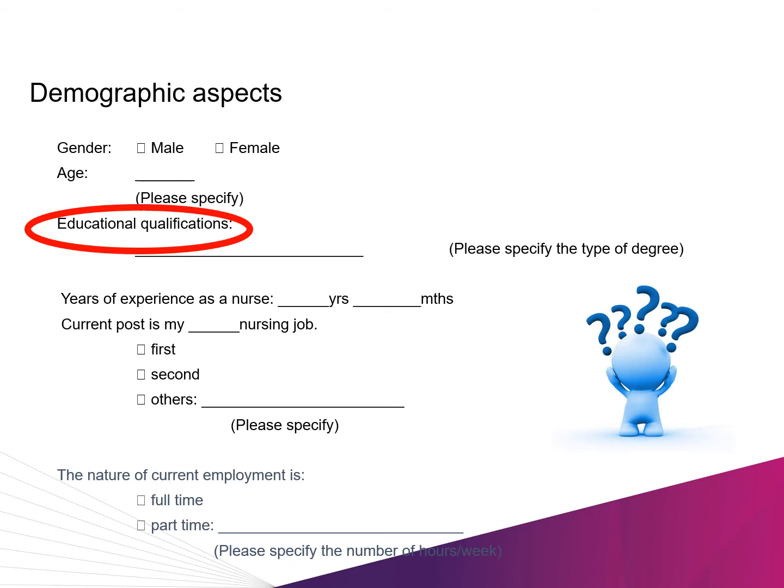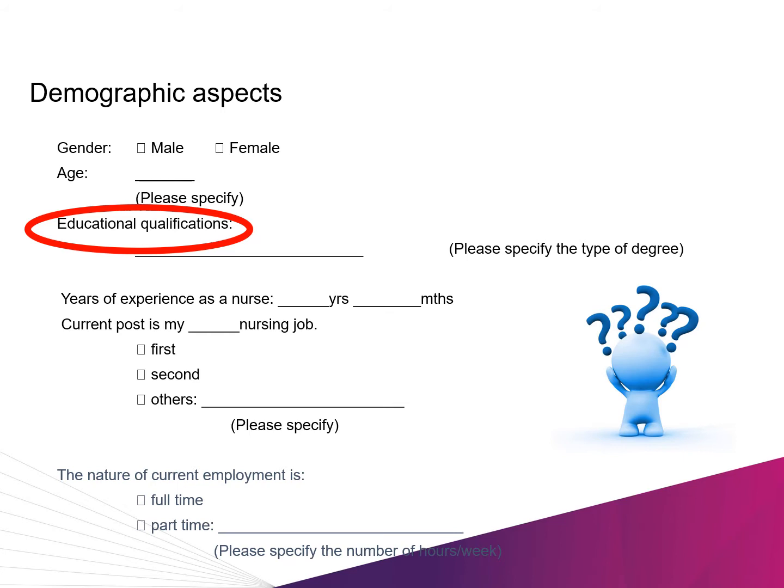So some people may put Bachelor of Nursing, some people may put first degree, some people may put school level, some may put a PhD, others may put a DPhil. In my country, in the UK, an MA can be an undergraduate degree or a postgraduate degree, for example. It really doesn't tell you very much. And of course, being from a nursing background, we also have a plethora of other certificates and qualifications.